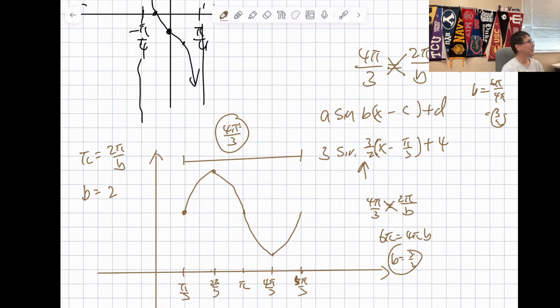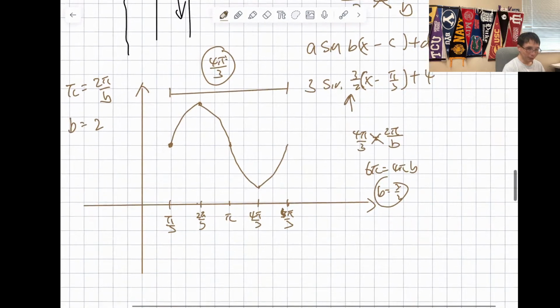Did you do the very last one? No, you do the last one. I did. I just want to check if I did it right. B is 2. B is 2? Yeah, b is 2, and the midline is at 1. The amplitude for the sine graph is 2, so it will be 2.